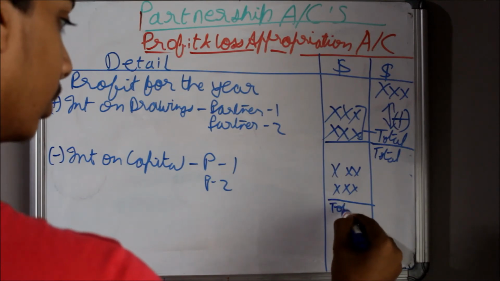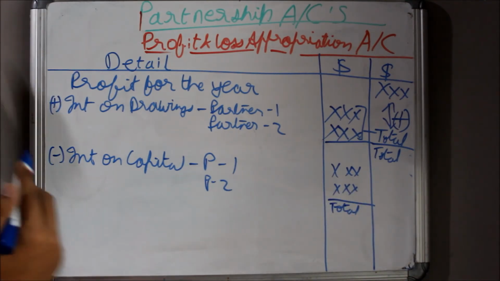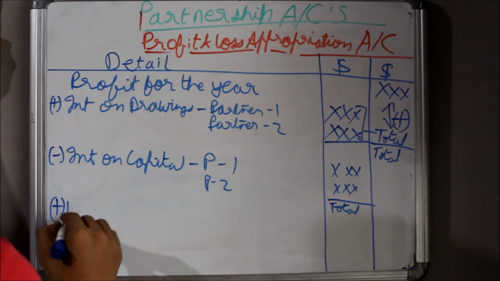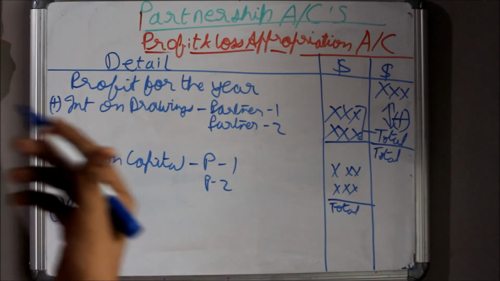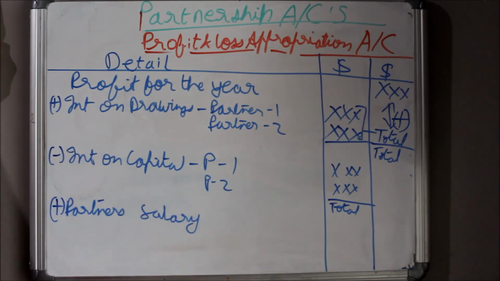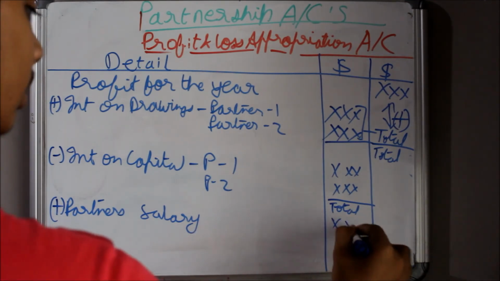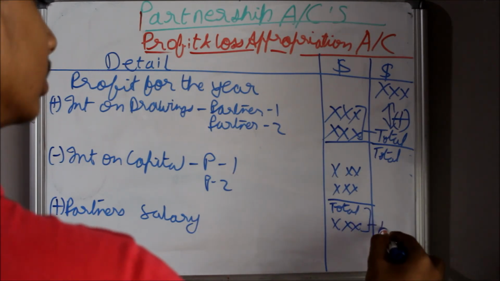The total will be down here. And to that, you're going to add the partner's salary. The owner doesn't get a salary, the partner gets a salary. So don't confuse that with the owner, because usually they won't give you the owner's salary, because there's no such thing. So you're going to add the partner's salary, total it.